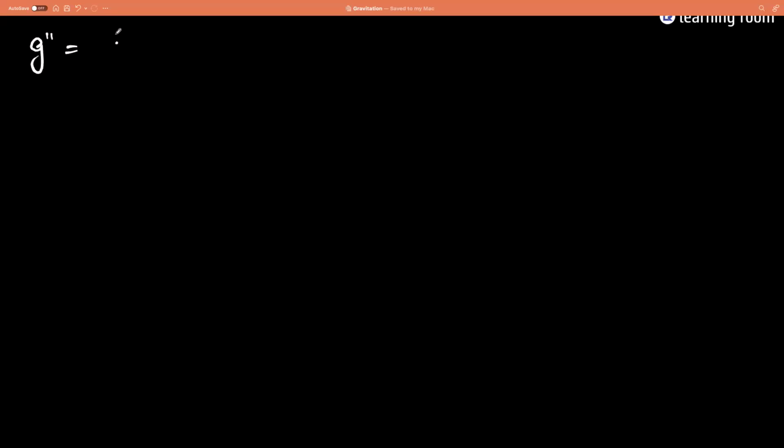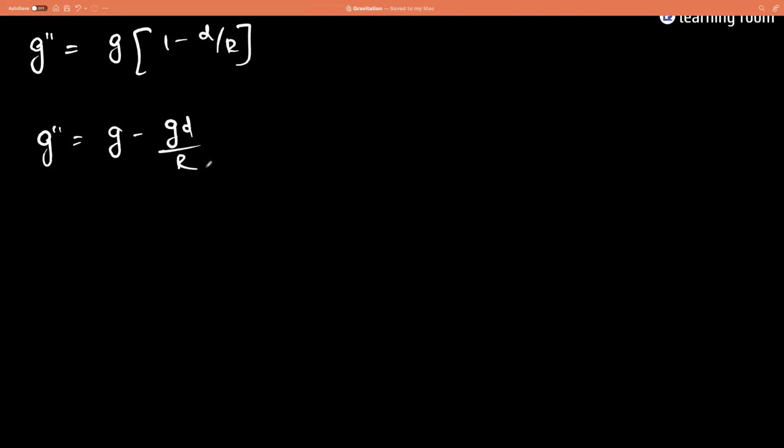g double dash is equal to g into 1 minus d divided by R. So what should I write the value as? g double dash is equal to g minus g into d divided by R. Am I right? So I'll take g double dash to the right and g d by R to the left.